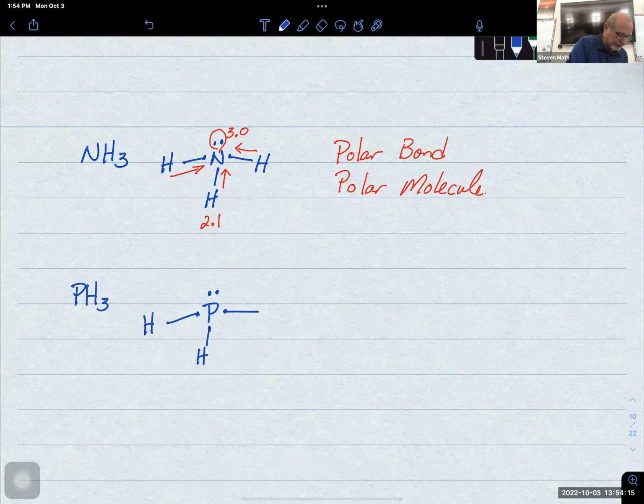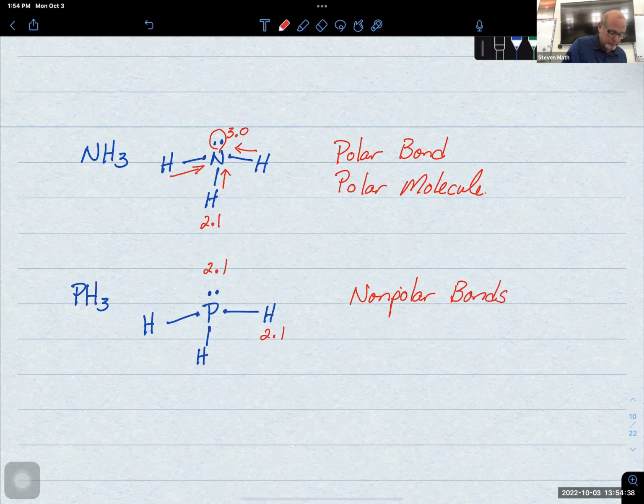Hydrogen, hydrogen, hydrogen. But now that we look at the electronegativities, hydrogen's 2.1 and phosphorus is 2.1. So in this case, we have three nonpolar bonds, but we still have a polar molecule.